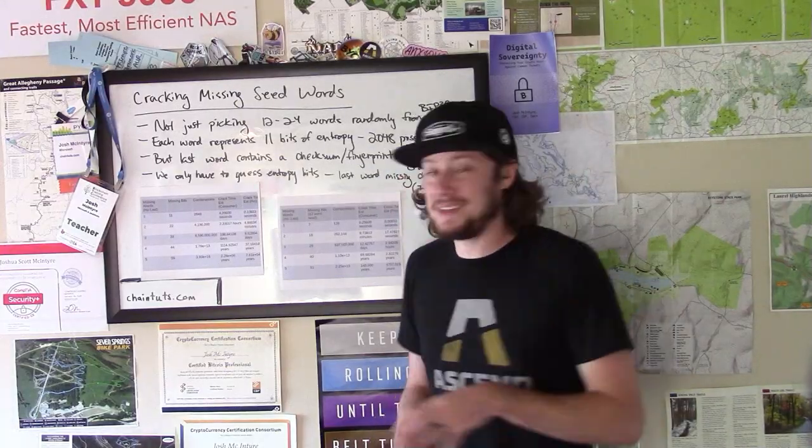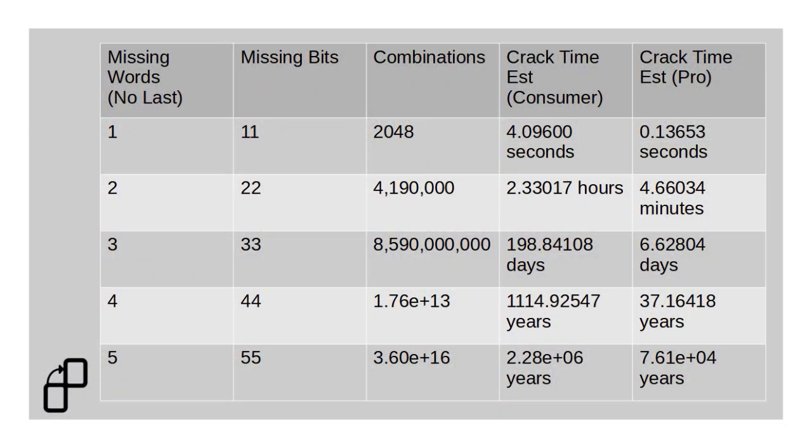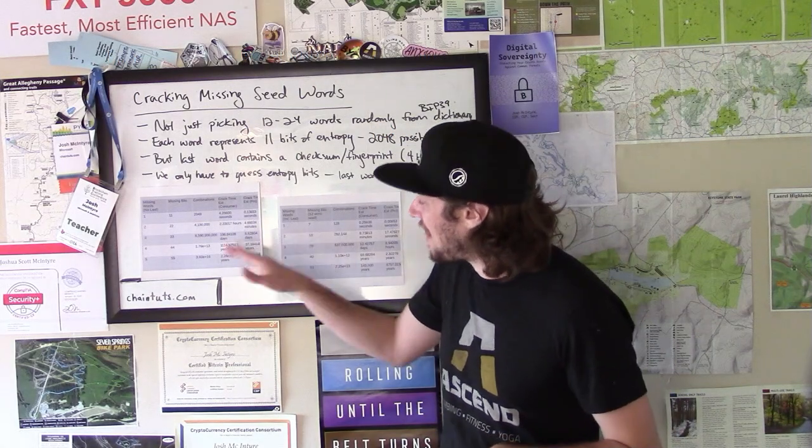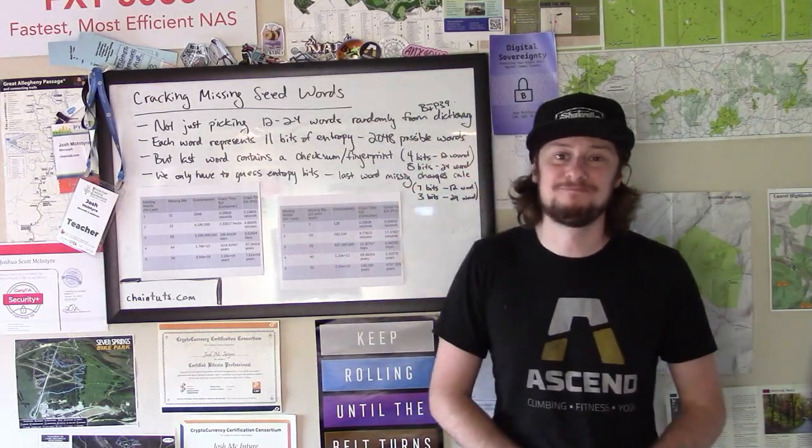Now, when we get to 5 missing seed words, we're in the realm of pretty much impossible. This would be 55 missing bits of data. And at the rate that we could crack all of the possible combinations, which are in the order of 3.6 times 10 to the 16th power, this could take us thousands upon thousands, if not tens or hundreds of thousands of years.